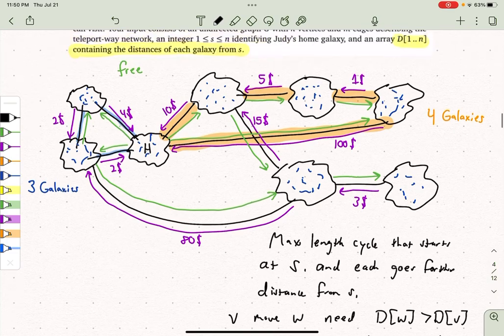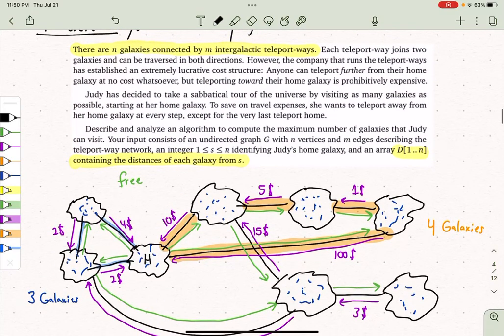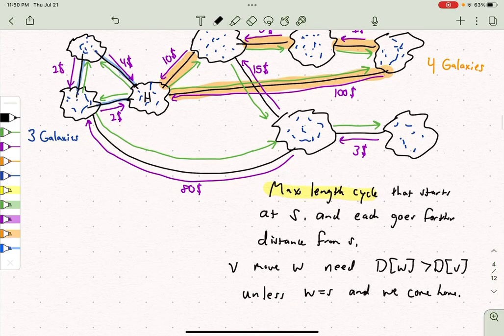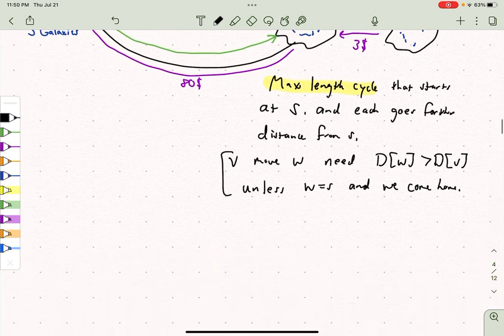So already it's telling us to compute the maximum number of galaxies. Like I said before, this is just looking for max length cycles with a special property. The special property here is a little strange, so maybe if we build a new graph, we can build that into the new graph automatically. Let's try that.